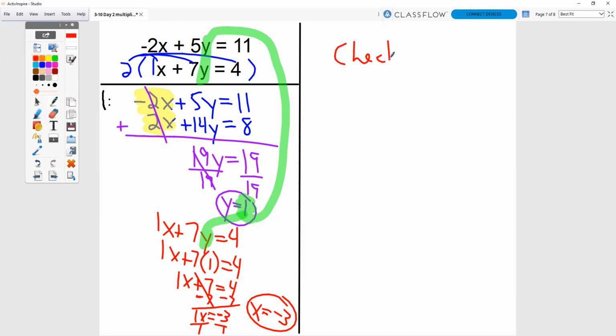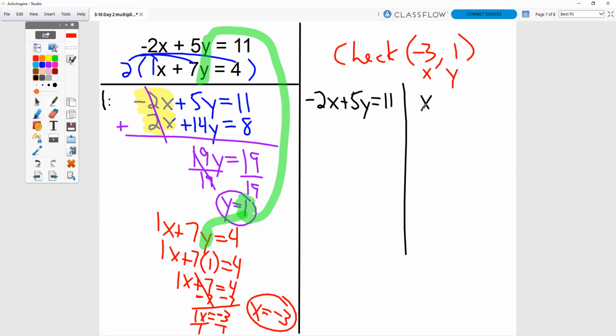So now I'm going to do a check with negative 3 and positive 1. I'm going to rewrite my original equations and sub them in. When I go to sub them in, I have negative 2 times negative 3 plus 5 times 1.